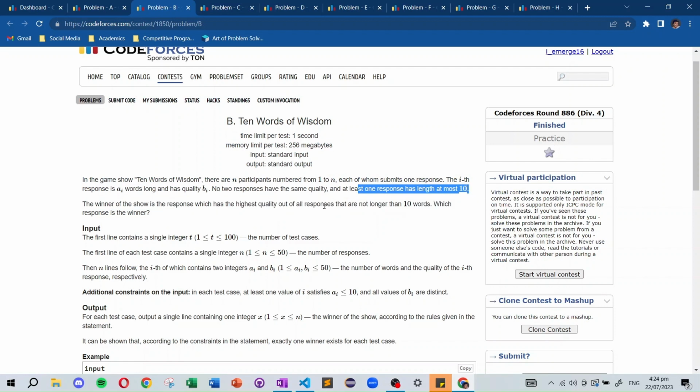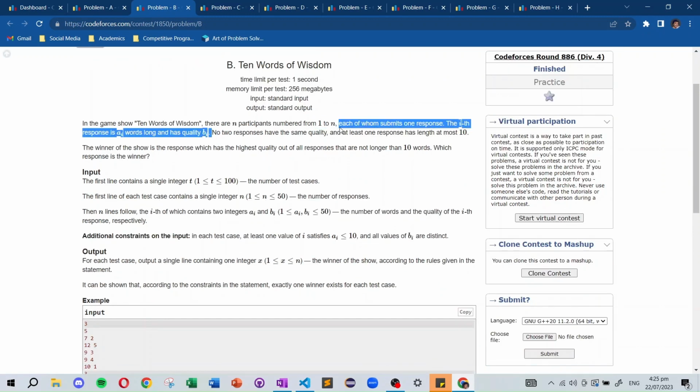We have to determine which response has the highest quality such that the response is less than or equal to 10 words, and that response always exists given this condition, so we have to find that.